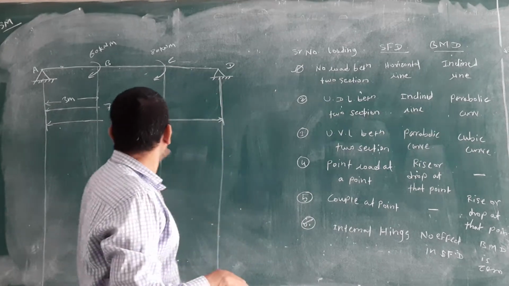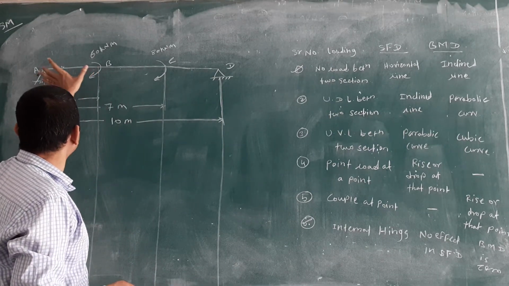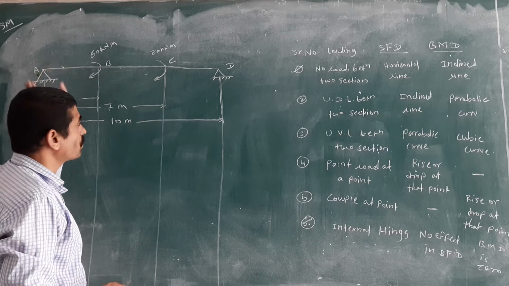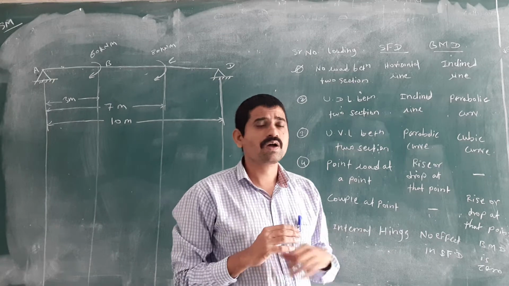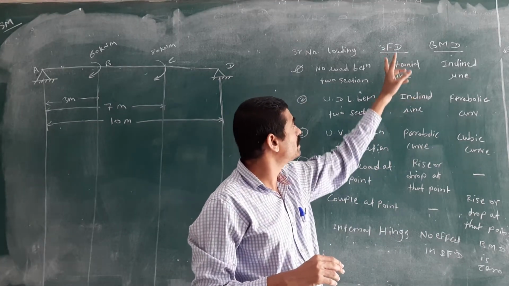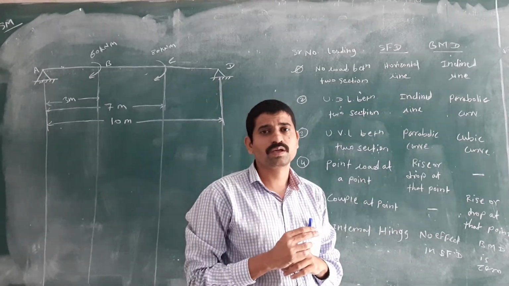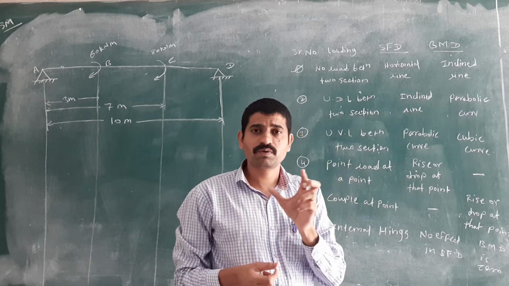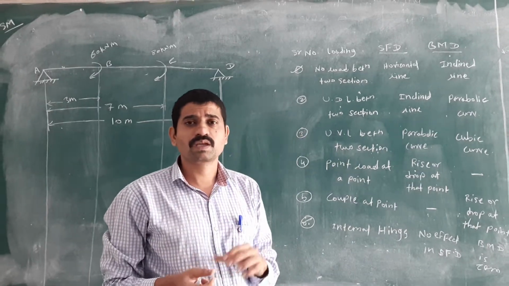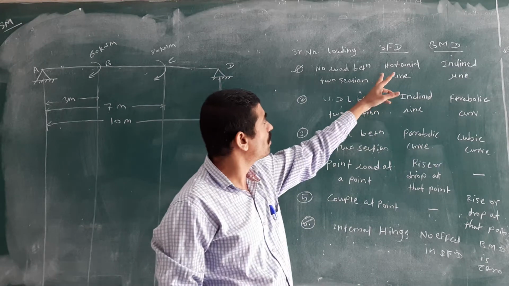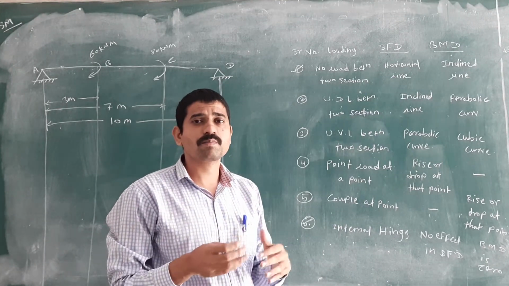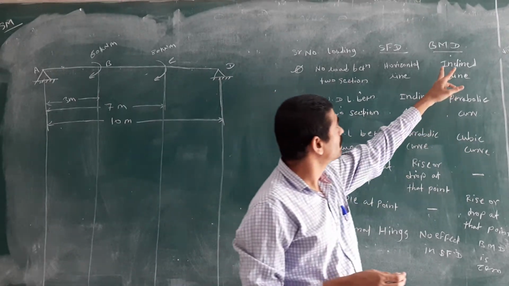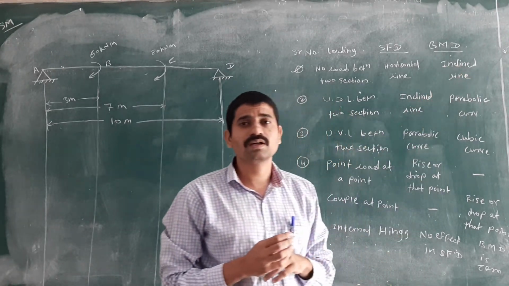If there is no load between the two sections A and B, then simply draw a horizontal line in the SFD. And what about the BMD? You should draw an inclined line.